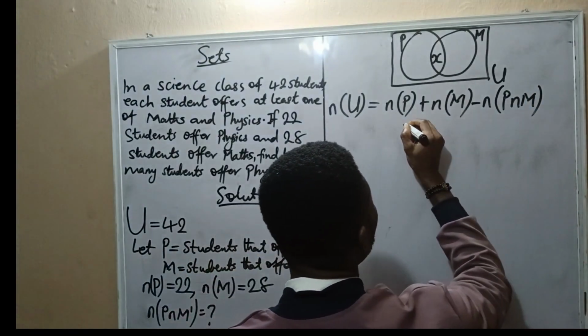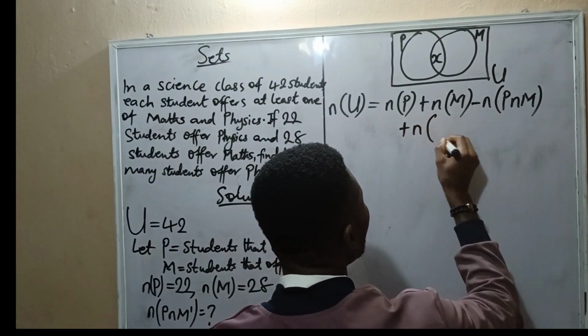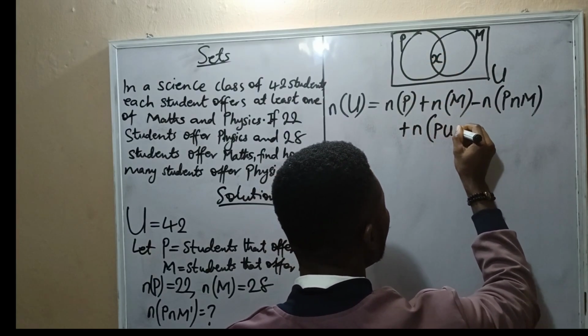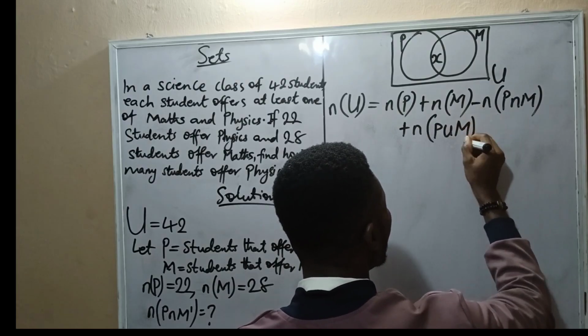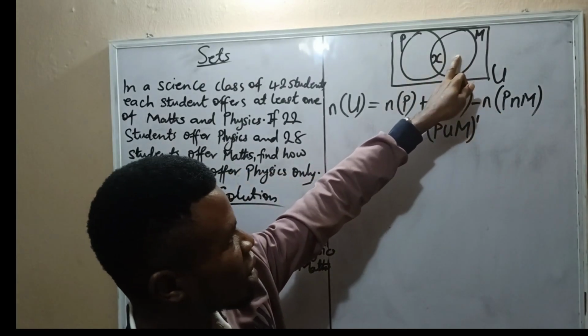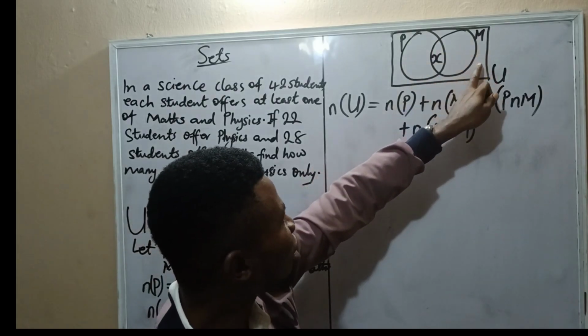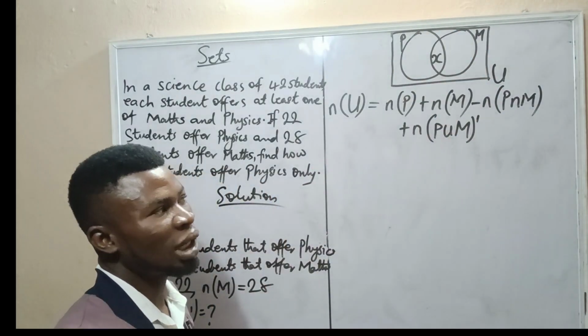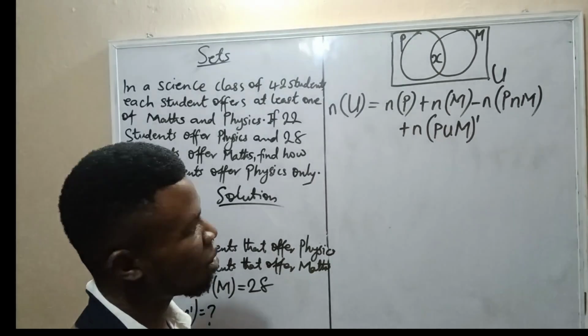And then finally, plus the number of those that do not offer any of these courses, that's number of P union M prime. P union M is this plus this. Then its prime is something that is outside, this area, in case there is any student that does not offer any at all.